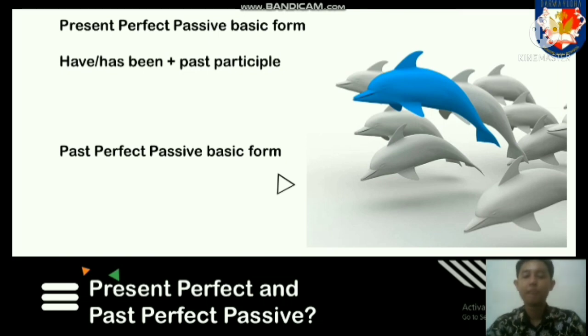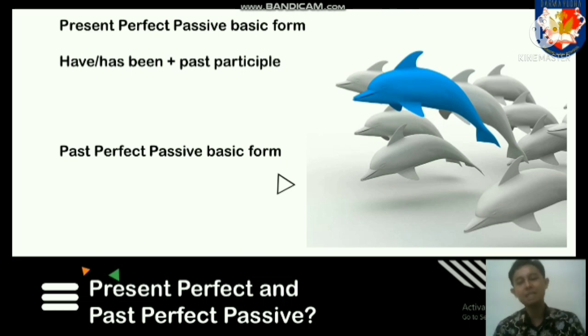Remember, the active structure of present perfect is actually subject plus have or has plus past participle. That's an active, guys. And also the past perfect, how do you form it? Active voice of it, subject plus had plus past participle, right? But this is going to be different because this is the passive one. So this is how you form it, guys.